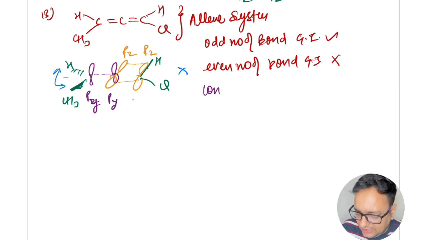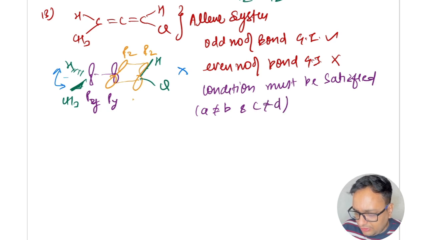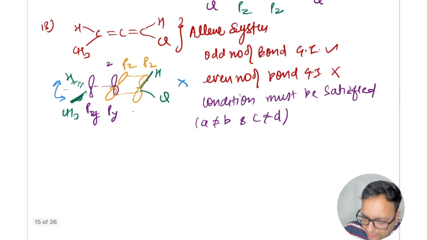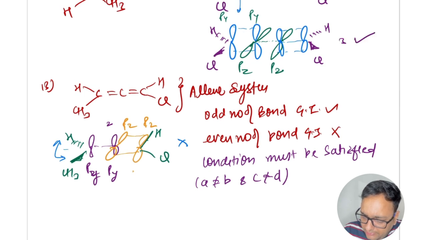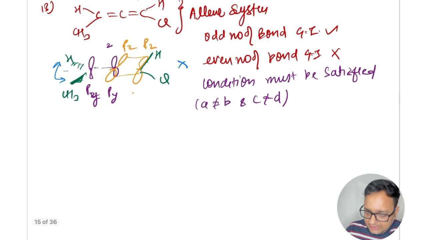The condition must be satisfied. What is the condition? That A should not be equal to B and C should not be equal to D. That condition has to be satisfied. Here we have an even number of double bonds, 2 double bonds. Here we have 3 double bonds. So this one is showing GI, and this one is not showing GI. So simple it is.